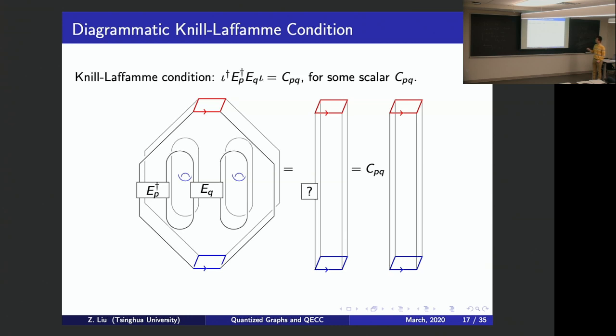Since we don't know whether the error happened or not, we write this black box. It can be the identity map, it can be the Pauli X. One thing that's pretty useful in this language is, since we have 4 lines for a single qubit, if we want to write a gate for a single qubit, we will have a black box on 4 lines. But here we only draw the black box on 2 lines. The reason is Pauli X in this language is given by a pair of charges.